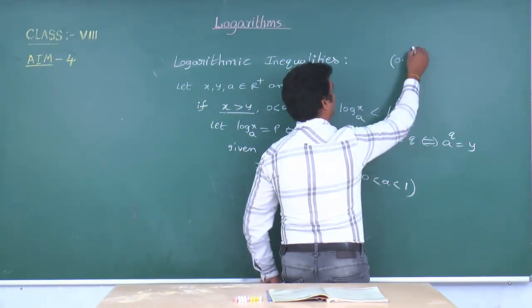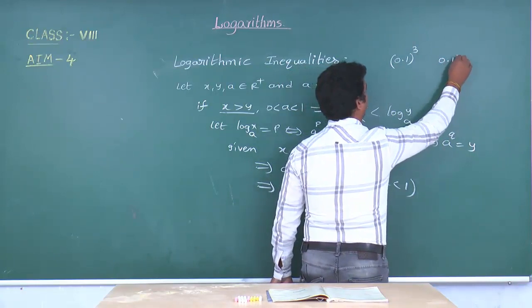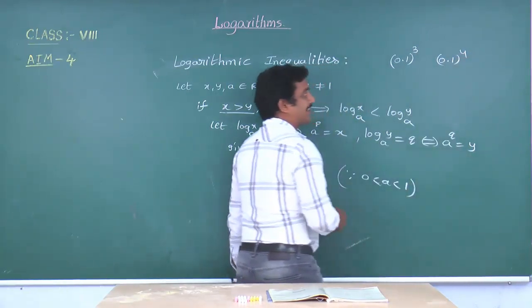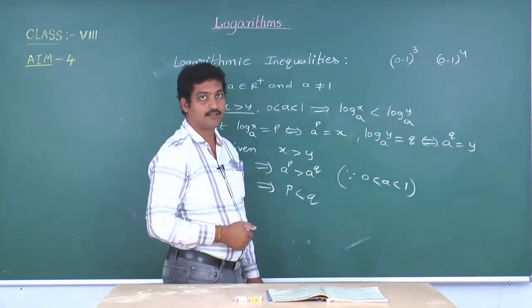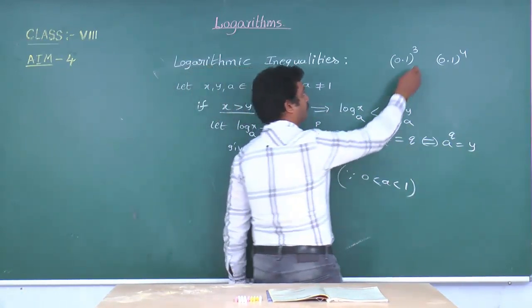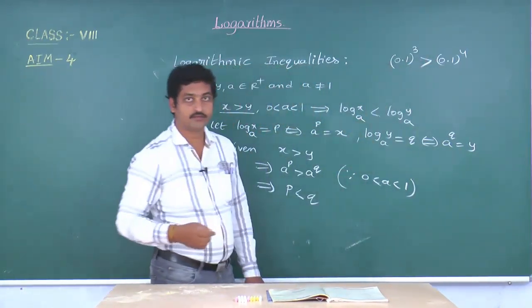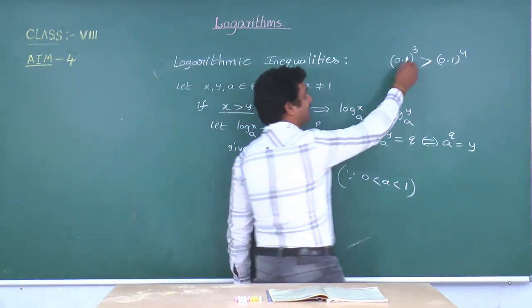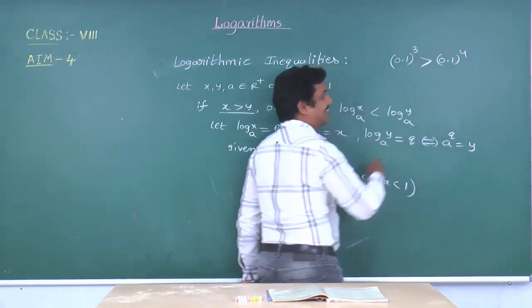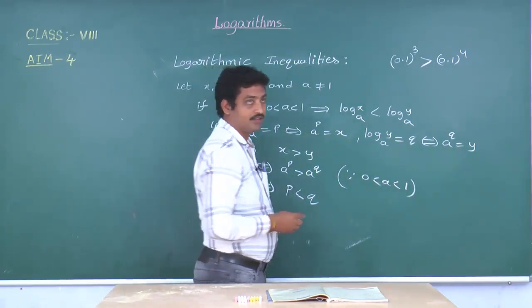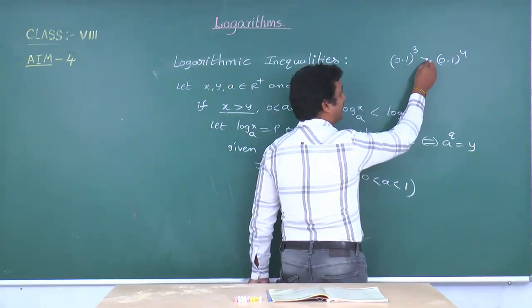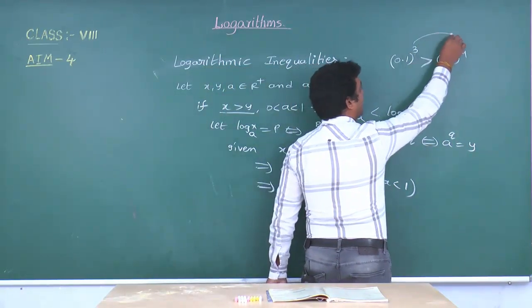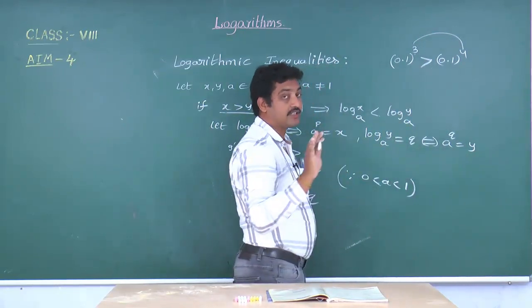For example, 0.1 whole cube, 0.1 whole power 4. Which is greater? 0.1 whole cube is greater. But between the powers, what is greater? 3 is greater than 4, or 4 is greater than 3? Therefore, here the inequality is greater than, but between the powers the same inequality doesn't carry out. Why?